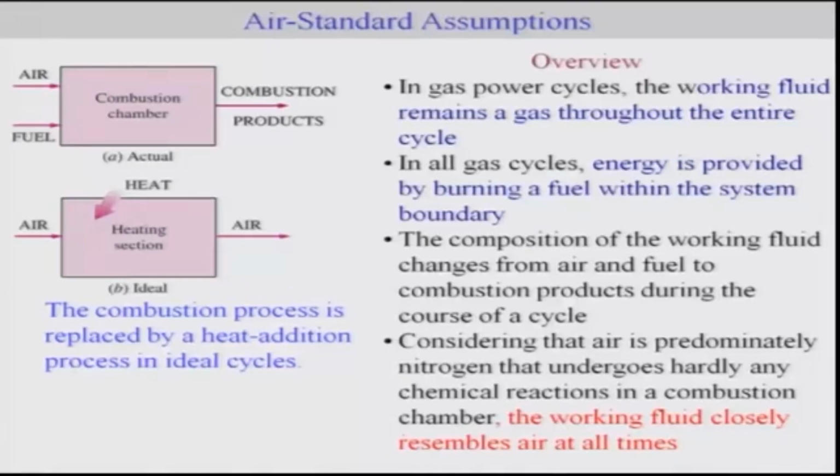As we are aware, air contains predominantly nitrogen, and hence we can consider that even the combustion products are mainly composed of air, and whatever combustion energy is generated can be idealized as a constant heat provided to the chamber or heating section. So this is an idealized form in terms of representation.